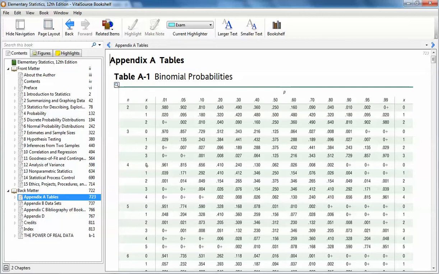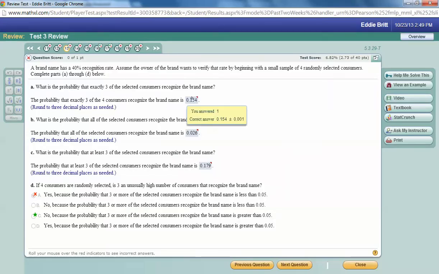So go over to the random variable, go to exactly 3, and the p was 0.4. If you go over to 0.4, you can see it's 0.154. That's the probability of exactly 3, 0.154. You see the answer right there?